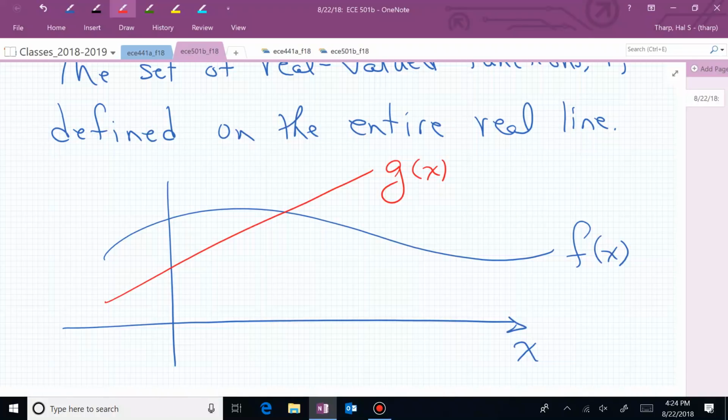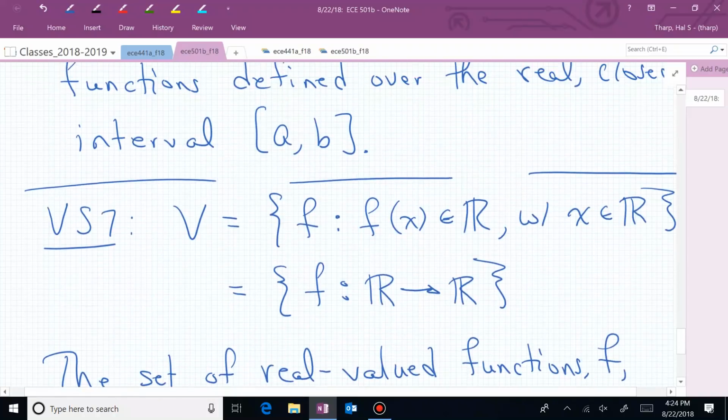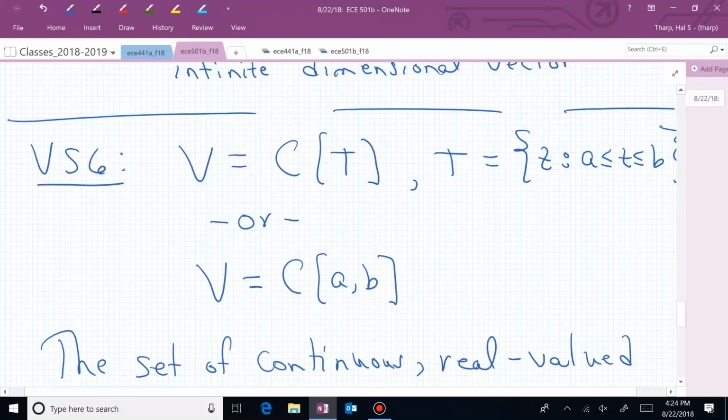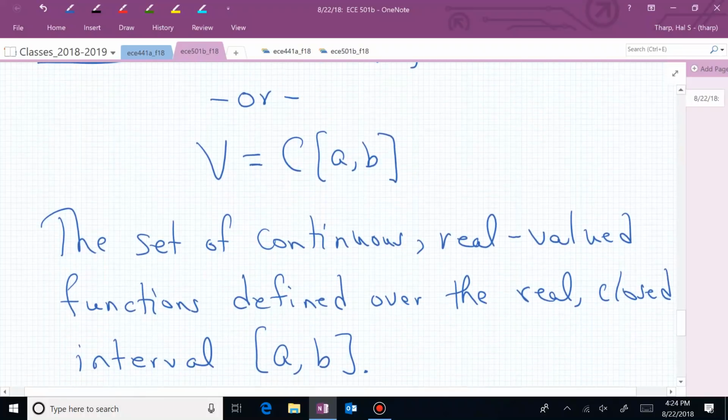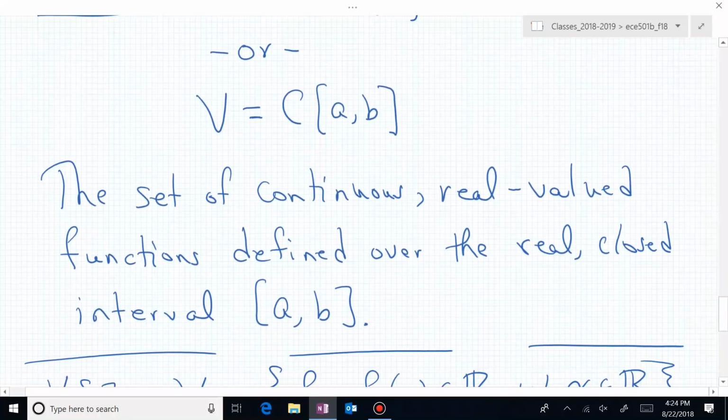Question? For vector space 6, does it also have an additive inverse? So now is vector space 6, does it have an additive inverse? If you have a function that's continuous, the set of continuous real valued functions defined over this closed interval, is there an additive inverse?